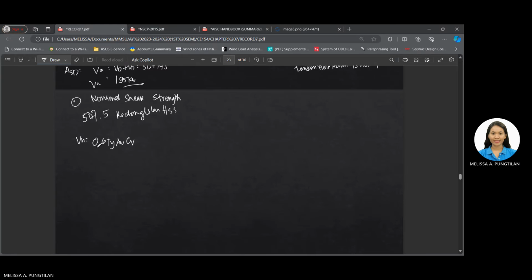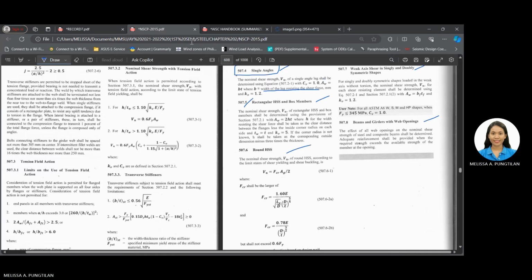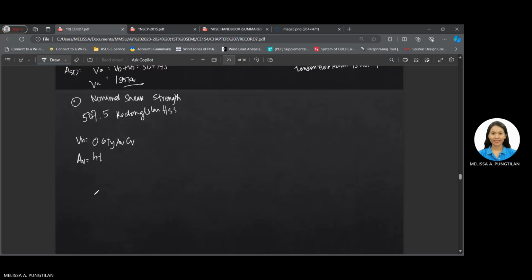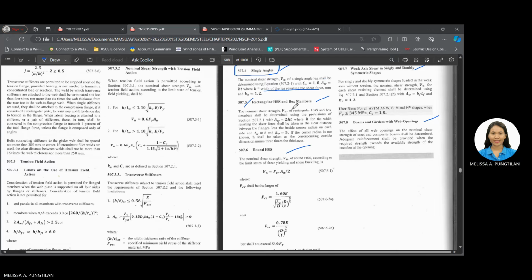Tama ba? 2ht pala. 2ht, on which h for the width resisting the shear force shall be taken as the clear distance between the flanges plus the inside corner radius of each side.